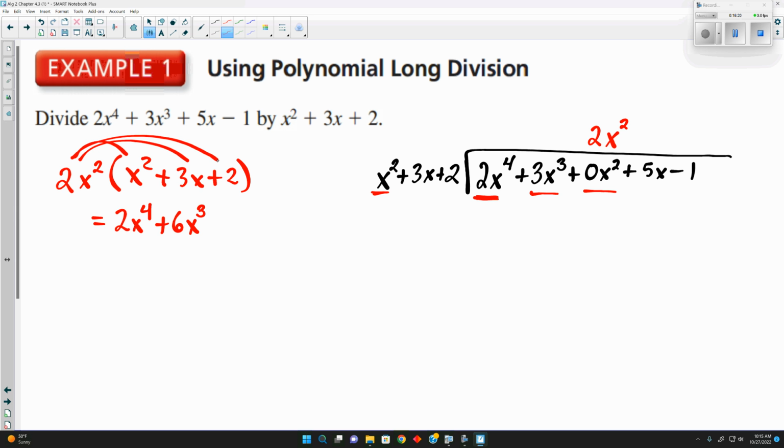And 2x squared times 2 is going to be plus 4x squared. Then we can place it underneath: 2x to the 4th plus 6x cubed plus 4x squared. Then what do we do? Subtract.